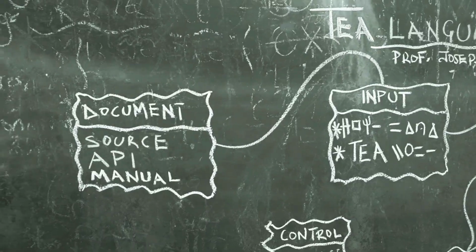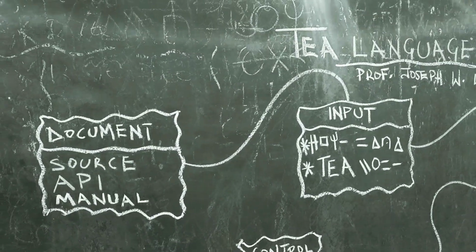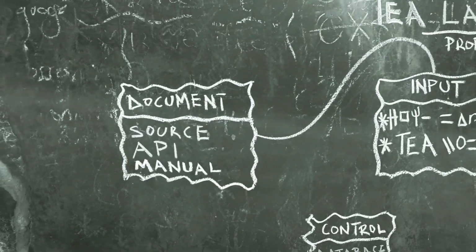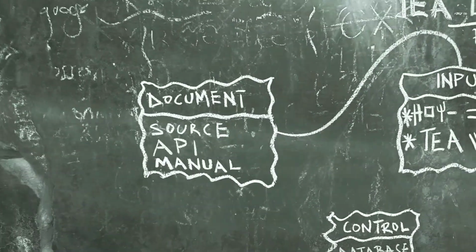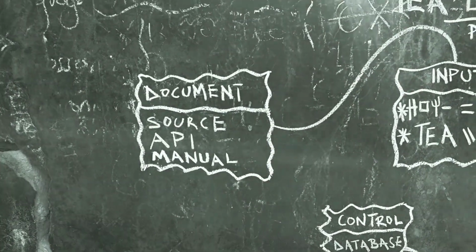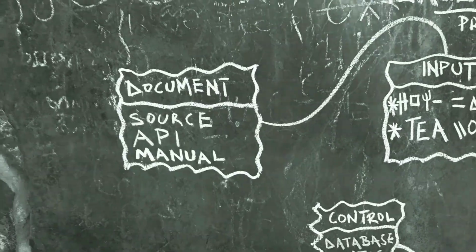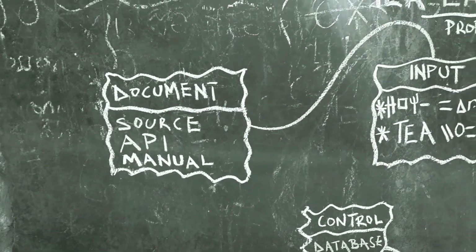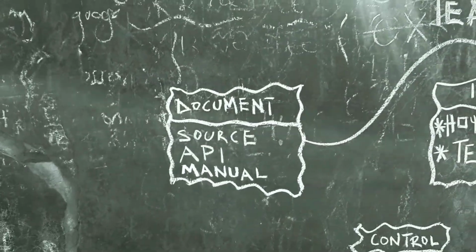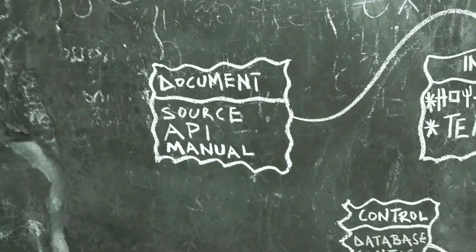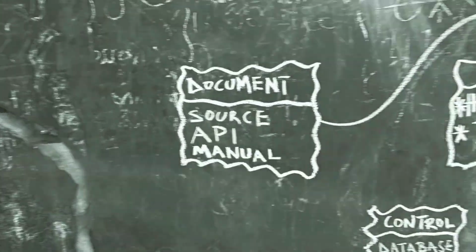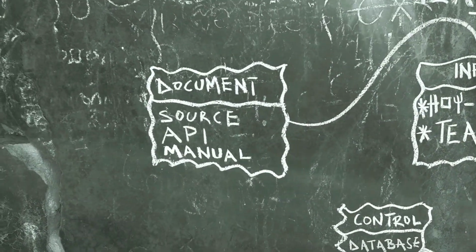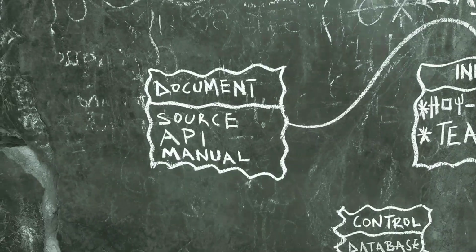So in this diagram, in brief, we see that first of all, in the TEA ecosystem, there is a set of documents. This includes the source code, the interpreter, different interpreters, but also source code of some of the TEA programs in the standard configuration. The API describes how applications and users might interact with the computational facilities in the TEA ecosystem.